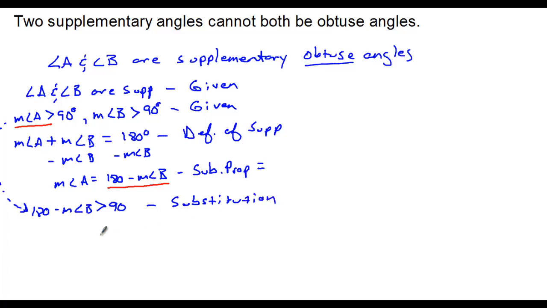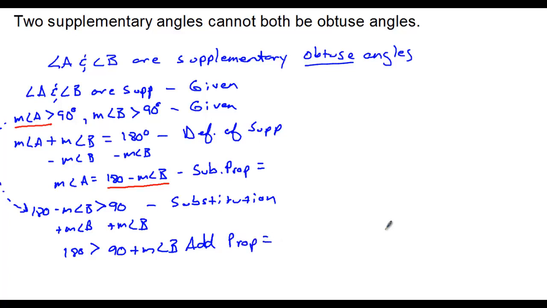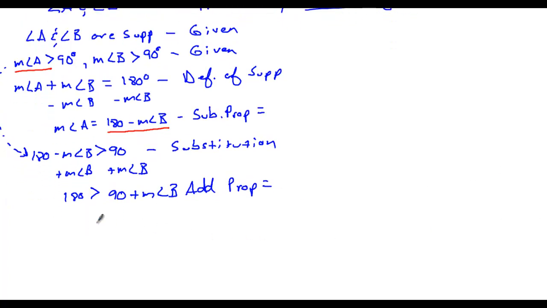Substitution. All right, so I'm going to add measure of angle B to both sides and get 180 is greater than 90 plus the measure of angle B. There's another example of the addition property of equality. I'm going to subtract 90 from both sides and get that 90 is greater than the measure of angle B. And that was also from the subtraction property of equality.